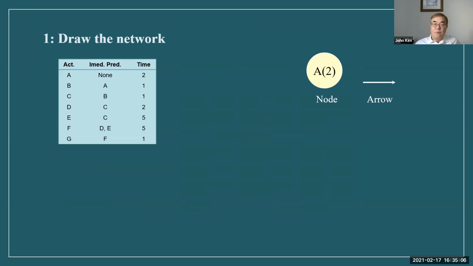First step, draw the network using nodes, with the activity designation and activity time inside each node, and then use arrows to show the sequence. In this example, activity A is the starting point, so A, 2 weeks.